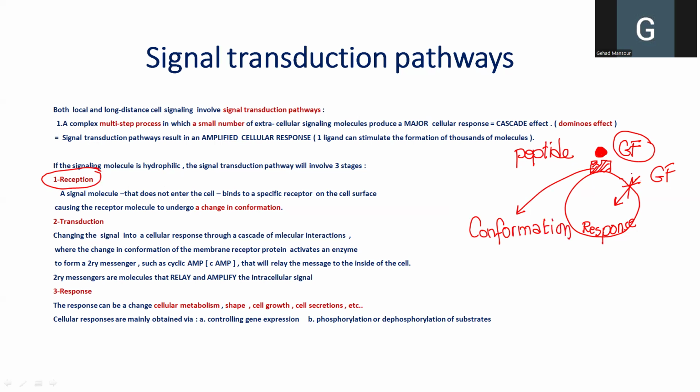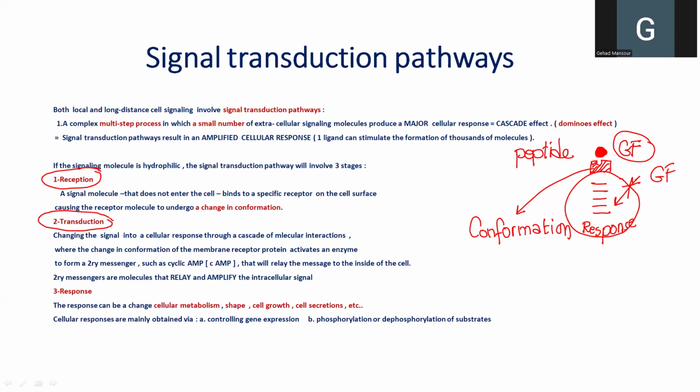And this change in the shape of the receptor will induce a cascade of chemical reactions or molecular interactions. And this is actually where we have transduction.